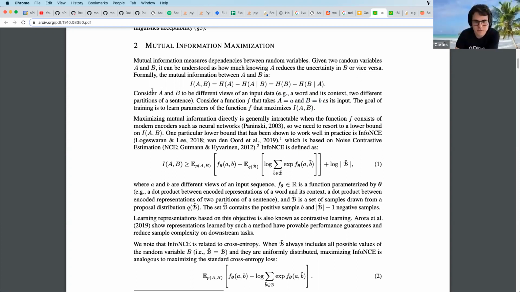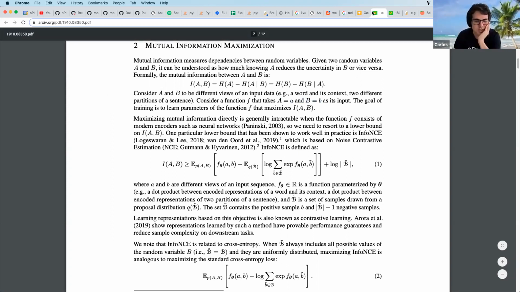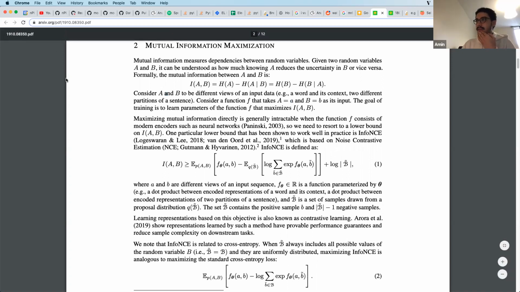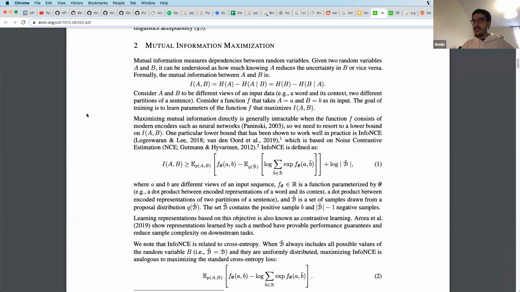Sorry, I have a question about the different views of a sentence. If you can provide an example of what this means, having different views of a sentence. Sure. There are many examples of what that means in the paper, so I think it's probably best until we get to the models themselves.